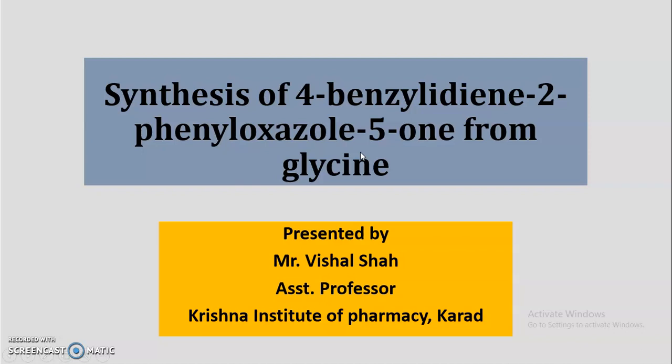In the first video I will tell you step 1, the synthesis of benzoyl glycine, which is also known as hippuric acid, from glycine, and in the second step we will discuss the synthesis of 4-benzylidene-2-phenyl oxazole from benzoyl glycine. So watch both my videos to get through this synthesis.